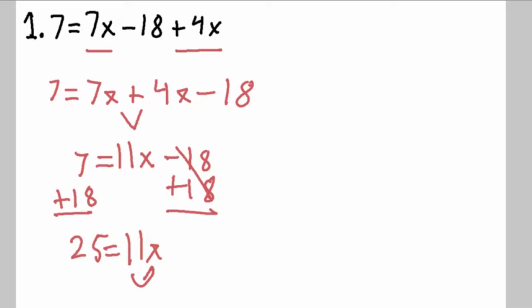The inverse operation of multiplication is division, so that cancels out. And I get 25 over 11, which is equal to 2 and 3/11.